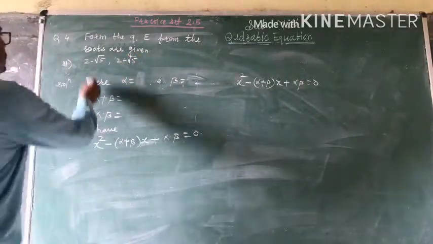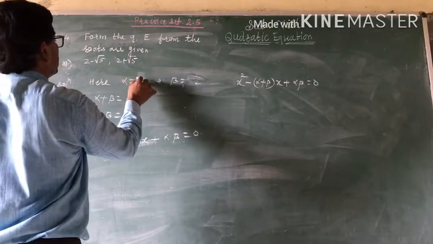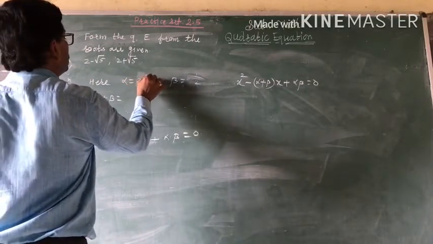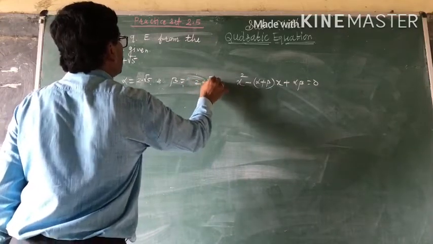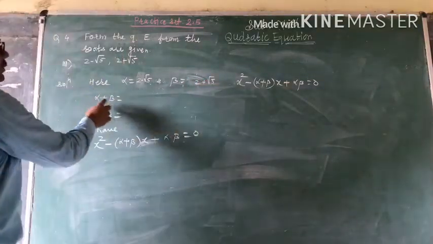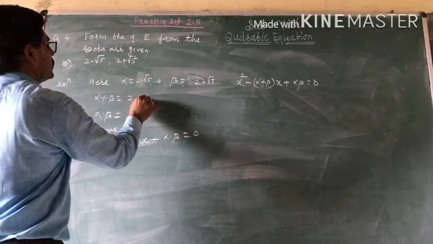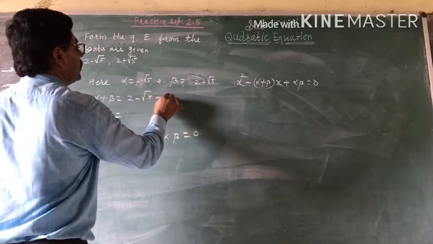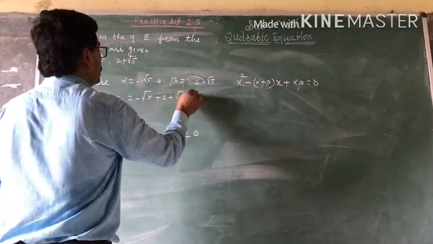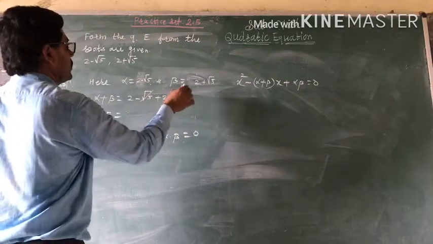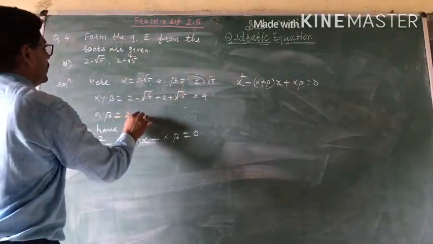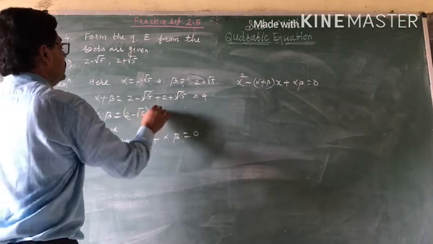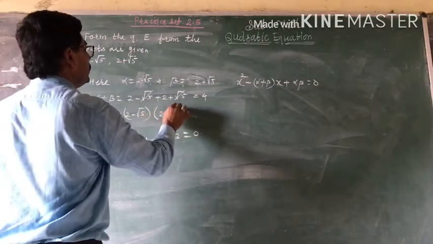One of them is alpha, 2 minus root 5, and the second one is 2 plus root 5. The sum is 2 minus root 5 plus 2 plus root 5. Here minus root 5 plus root 5 cancels, and 2 plus 2 is 4. The product is 2 minus root 5 into 2 plus root 5.